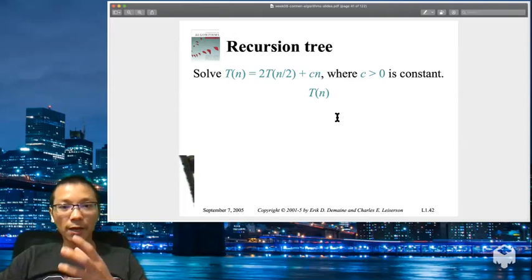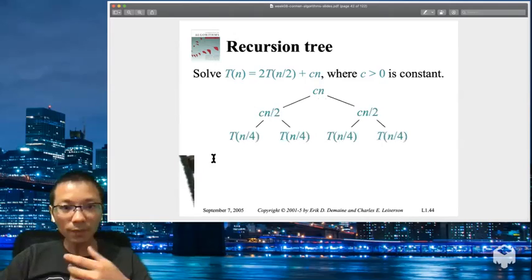All of that time is consolidated into Cn. But we still have another portion of the time we have not considered: sorting the two halves, T of n over 2, and there are two of them. So we present that in a tree format, a visual representation. We still need to sort two subarrays, and they are represented as T of n divided by 2 as the time, assuming the total time is T of n.